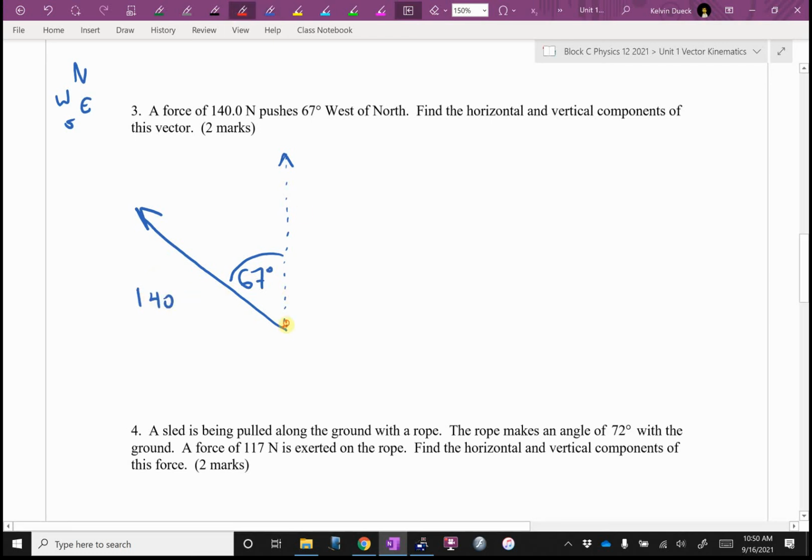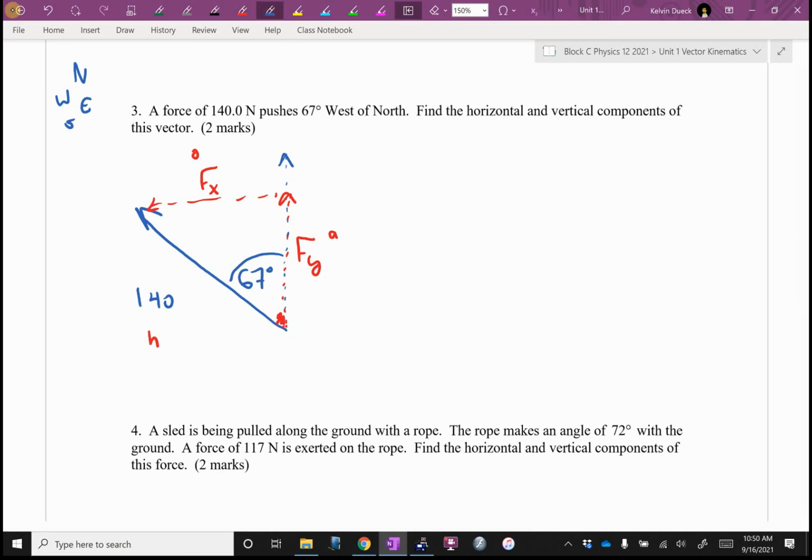I guess I'm going to go d. That's going to be Fy. That's going to be Fx. Color, color, color. Opposite, adjacent, hypotenuse.